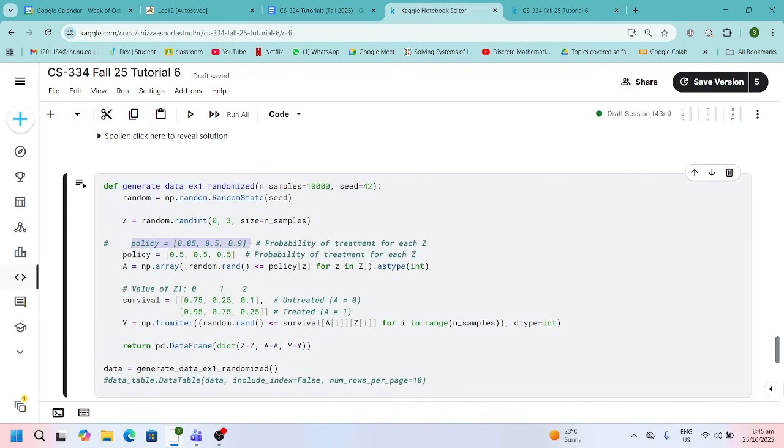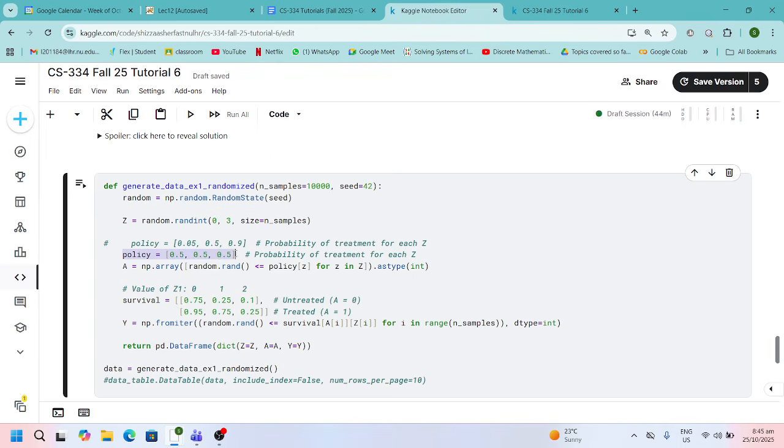The policy earlier was 5%, 50%, 90%. By the way, they do not sum up to 100% because it's not a distribution. All I'm saying is that there is a 5% chance that a person is given a treatment if their symptoms were mild. There's a 95% chance that they were not given the treatment if their symptoms were mild, and so on and so forth.